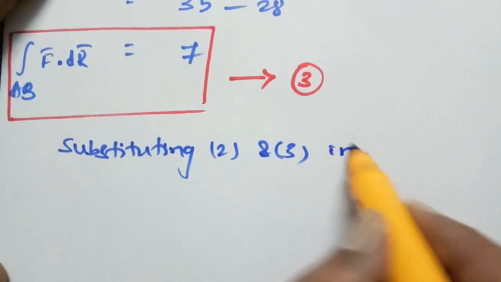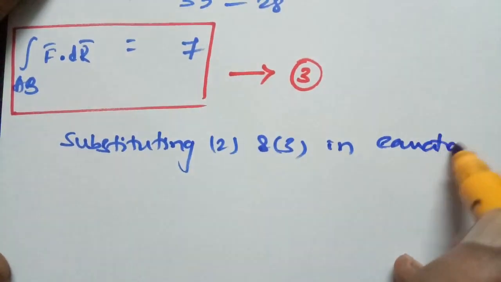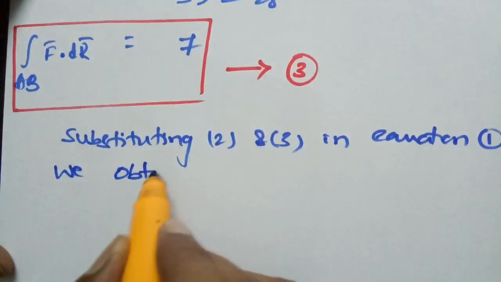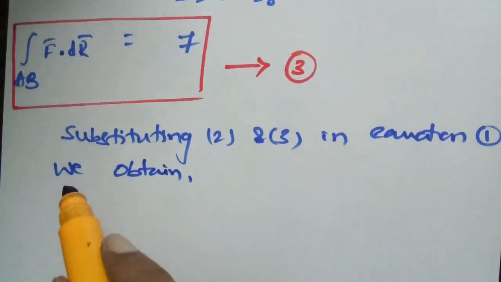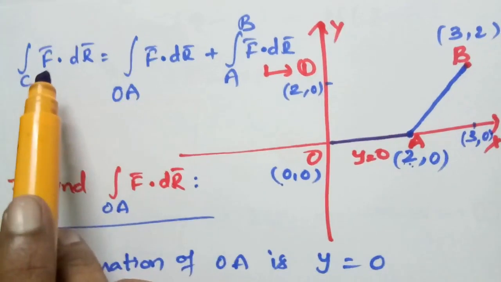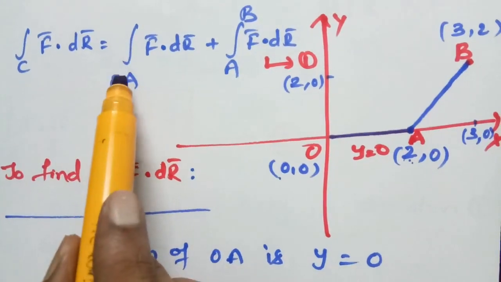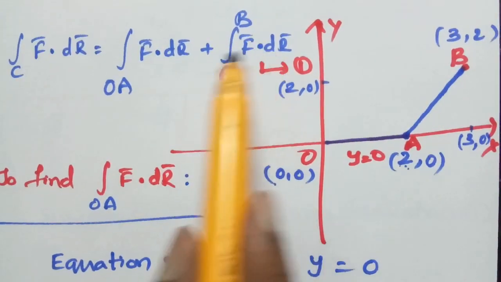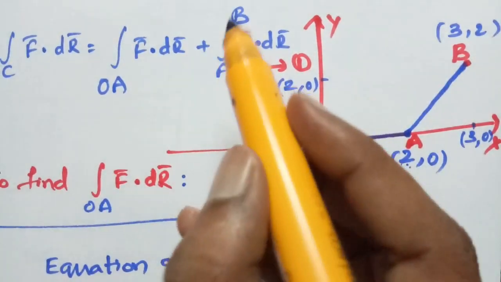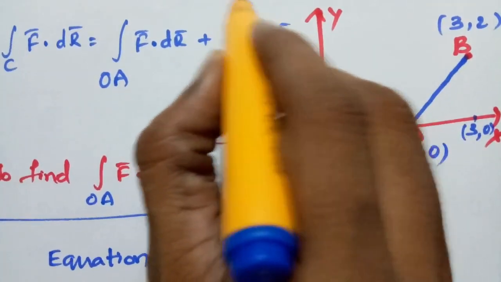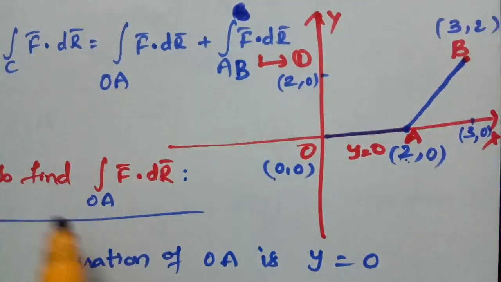Equation 1 is the integral over C of f bar dot dr bar equal to the integration of f bar dot dr bar along OA plus the integration along AB.